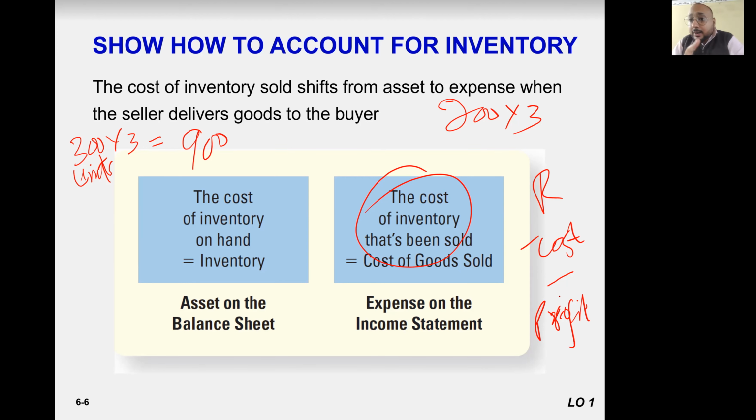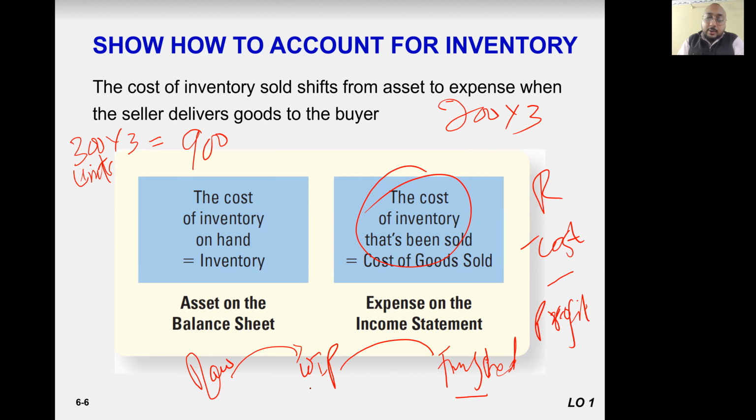So only those items which are not sold, and remember finished goods, because when you purchase raw material, there is a raw material inventory. It converts into work in process, which is unfinished goods, right? And then it goes to finished goods.